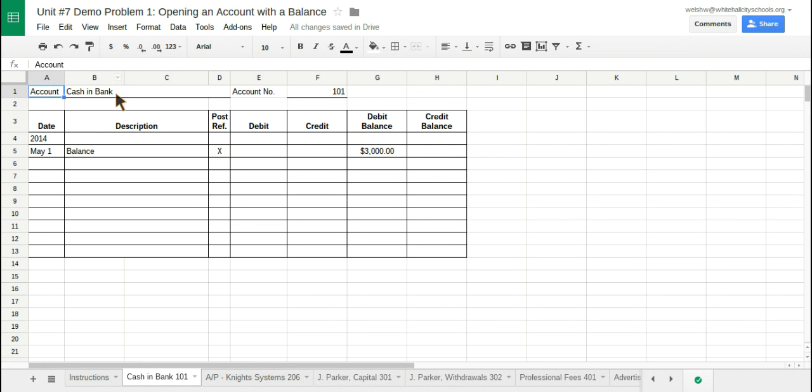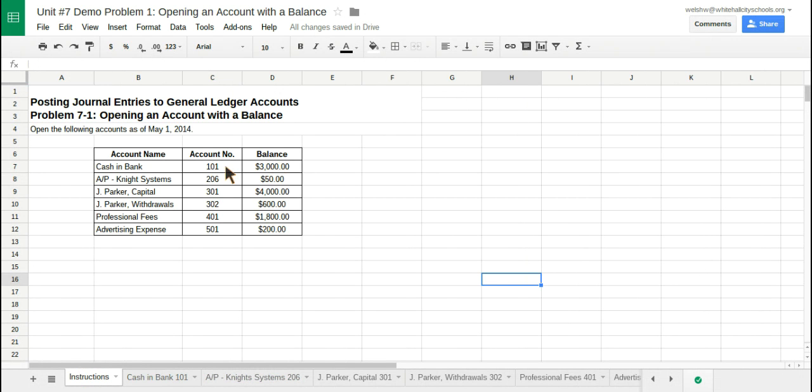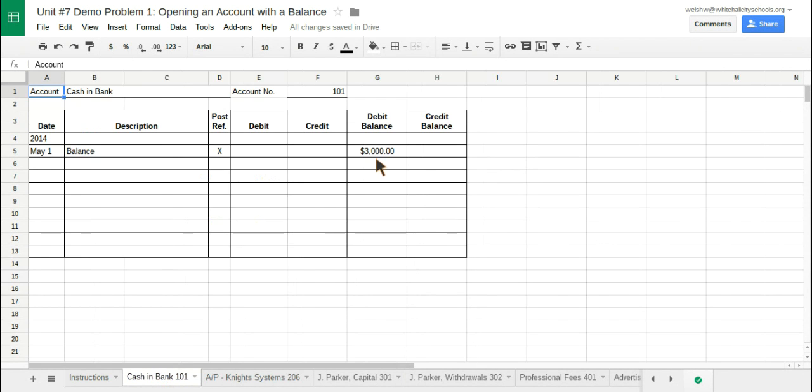Since cash and bank has a debit balance, that amount goes in the debit balance column. It doesn't tell us, we just know cash and bank has a debit balance, so it goes in the debit balance column. These columns are just for the individual transactions.